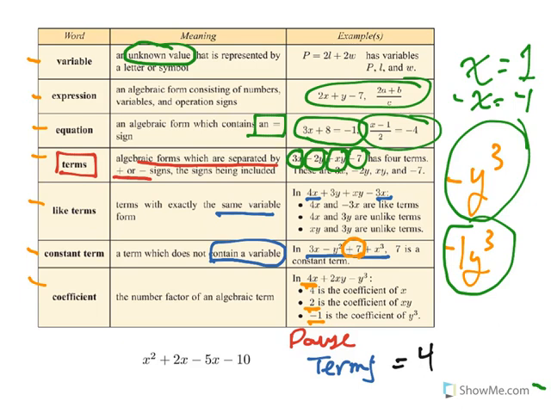Well, if we look, there is a plus 2, and there's also a negative 5. So the coefficients of x in this case would be 2 and negative 5. All right. The constant here is negative 10.